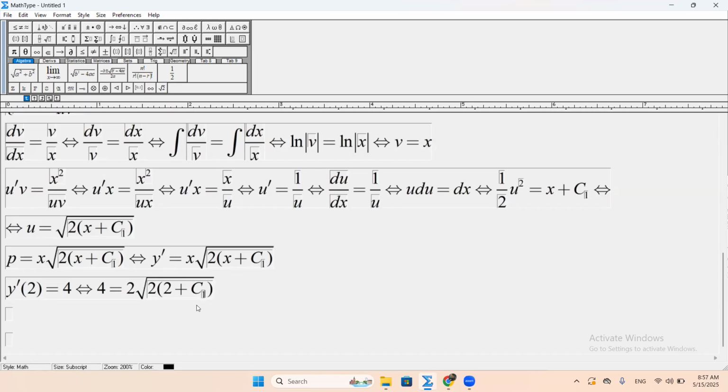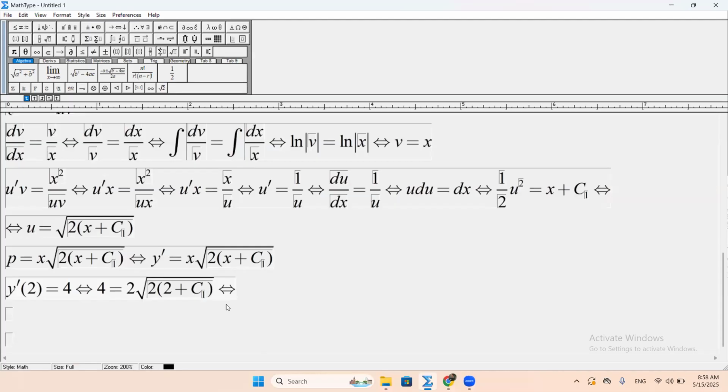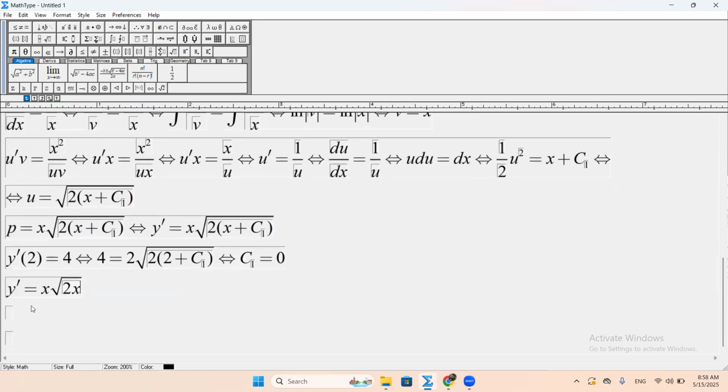From this equation with respect to c1, we have that c1 equals 0. I will receive 4 under the root, so 4 equals 4, so c1 equals 0. Then y prime equals x times the square root of 2x.